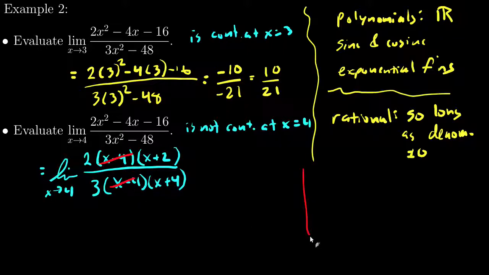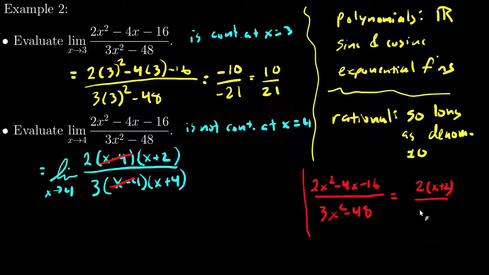Now, I'm going to write a little aside here. It's worth noting that 2x squared minus 4x minus 16 over 3x squared minus 48, our original function here, is going to equal 2 times x plus 2 over 3 times x plus 4 everywhere that x does not equal 4, because this is undefined at 4, so this must be undefined at 4.